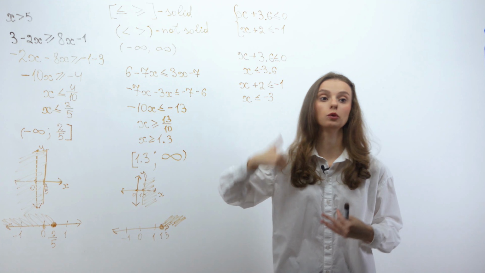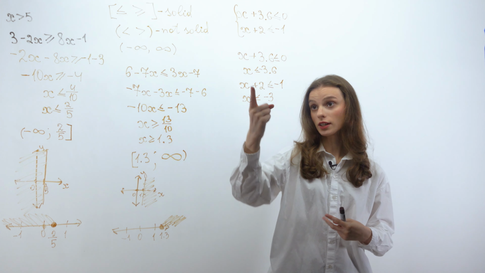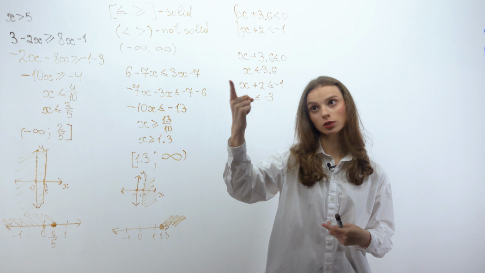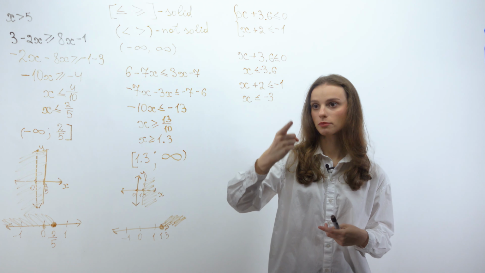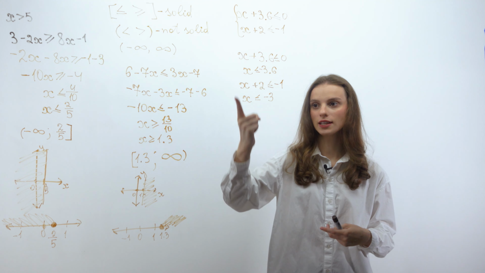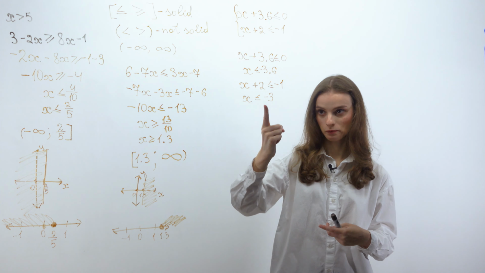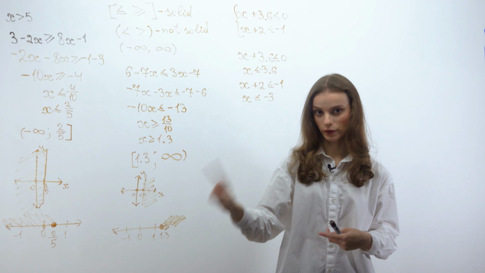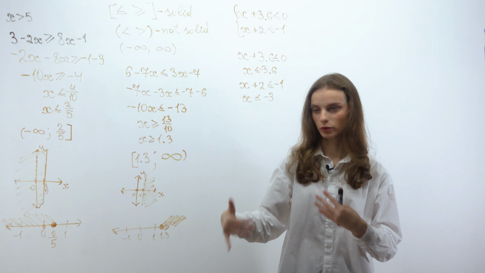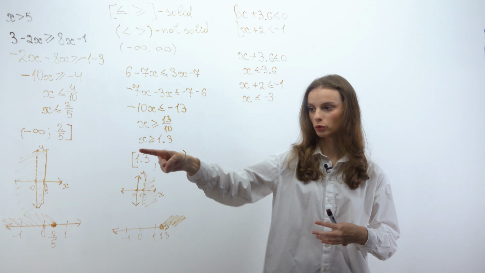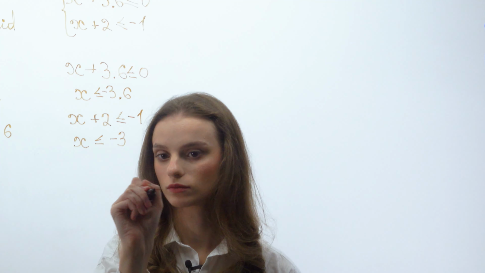Okay, so here I have any number less or equal to negative 3.6, but here I have any number less than negative 3. I want to do the number line first because it will make a little bit more sense, and then we will write it in this format.